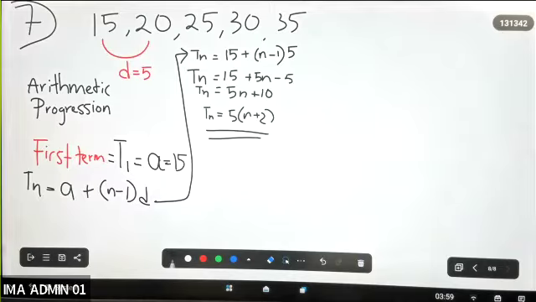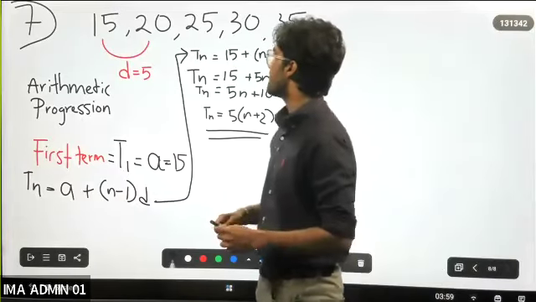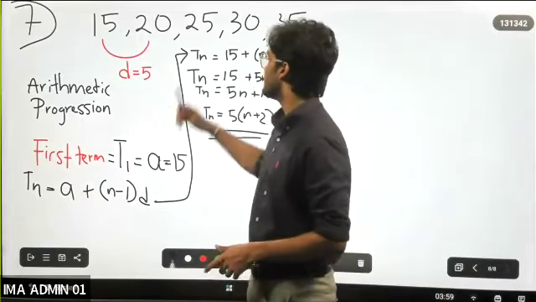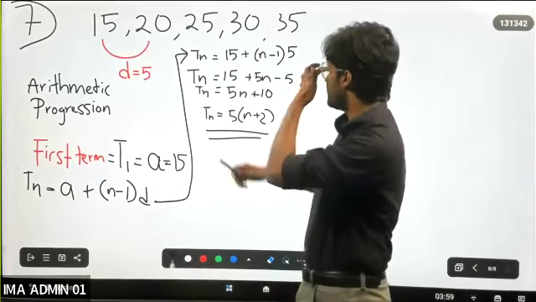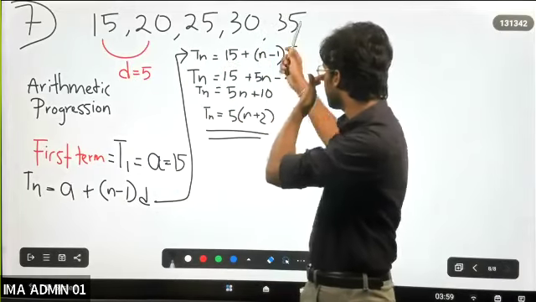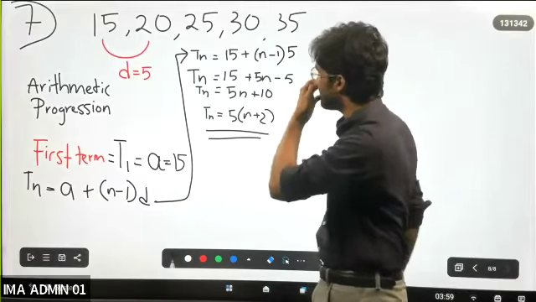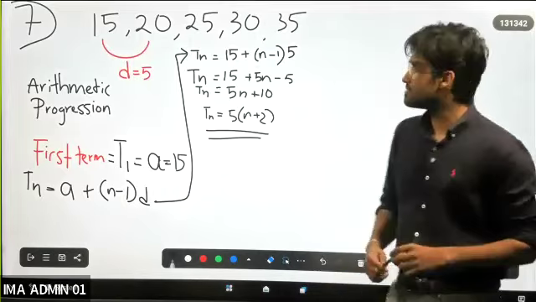On which day does the patient have to take 80 milliliters of energy boosting drink? Now you could see as I wrote down the pattern, the first day it's 15, second day 20, third day 25, fourth day 30, fifth day 35, so the sixth day it could be 40.